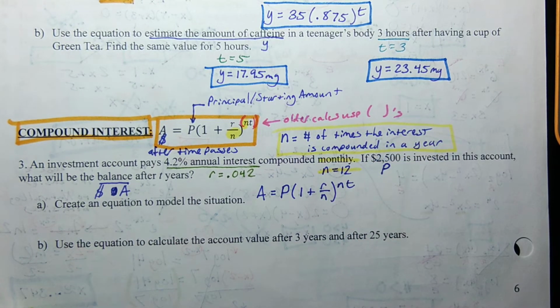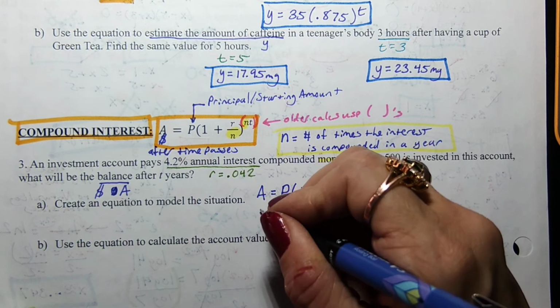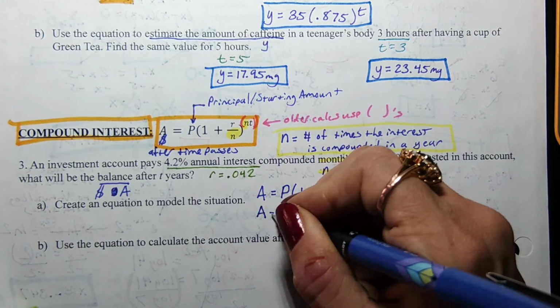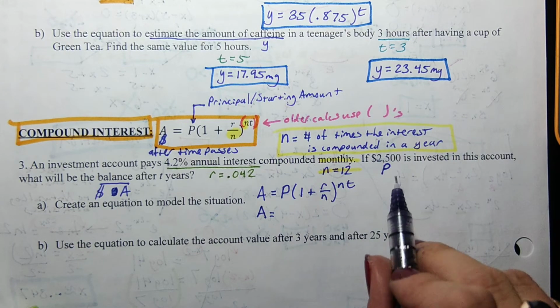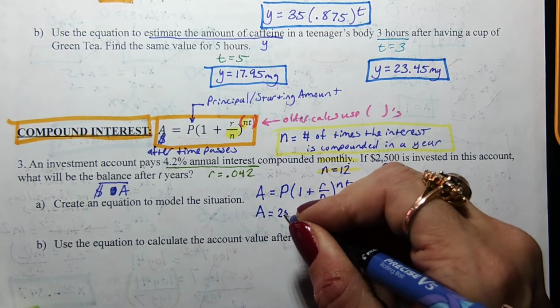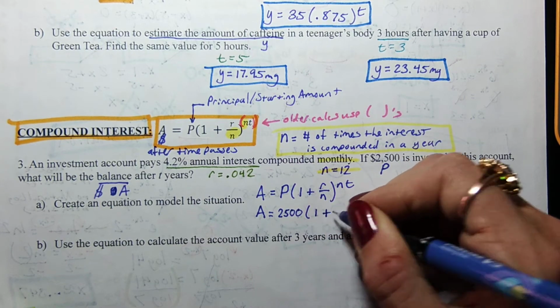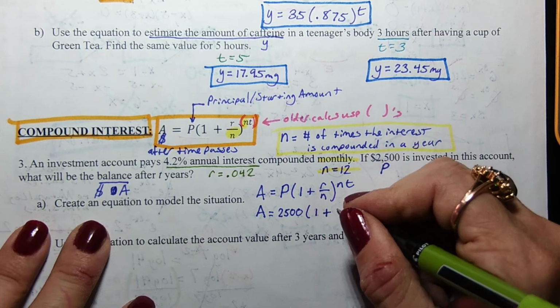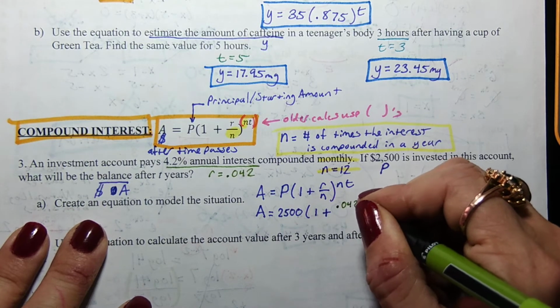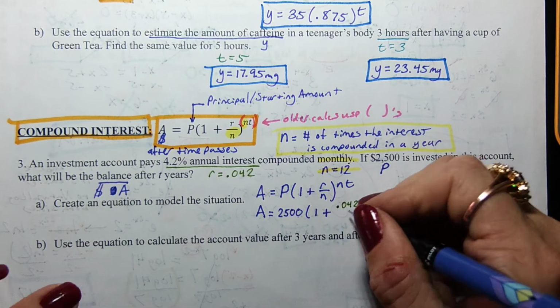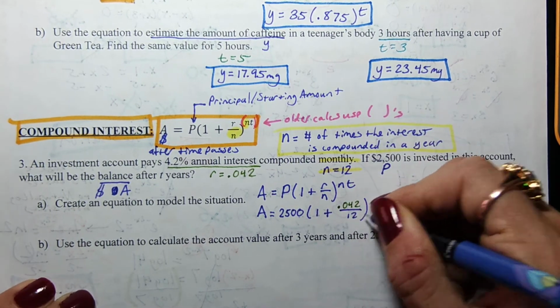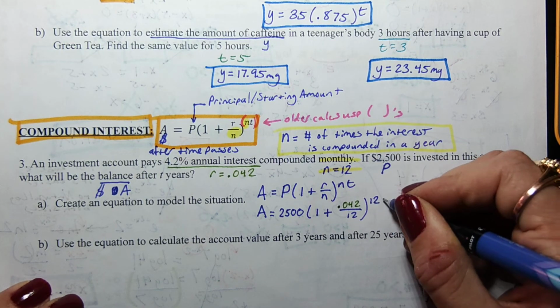N is the compounding periods, and then T is the time. So for this problem, we would be looking for A. Our principal is the 2,500. And then 1 plus our rate, 0.042, divided by 12, raised to the 12t.